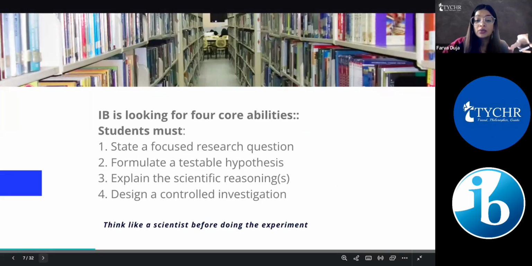What will you see when you do this test, and what is the step-by-step method that you're going to follow to do this investigation?